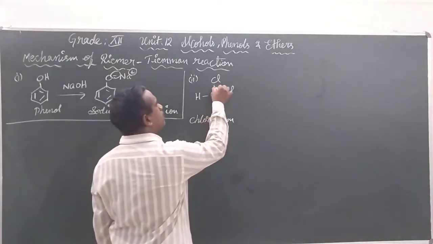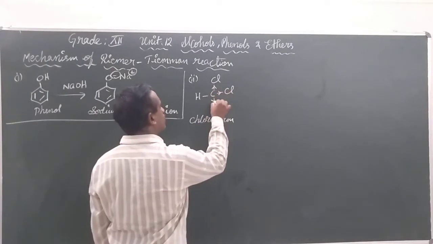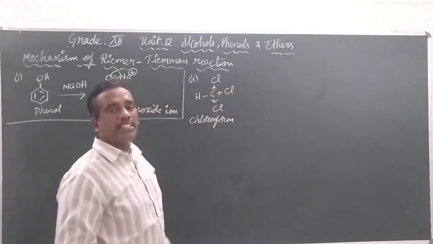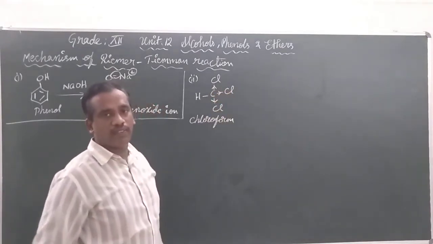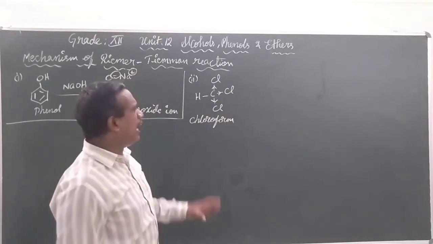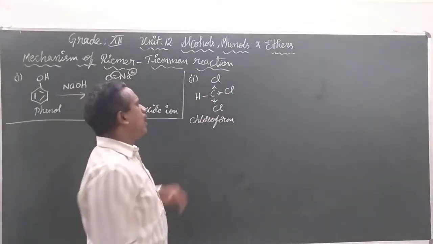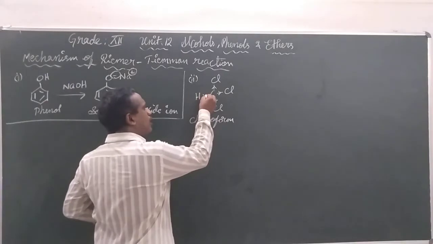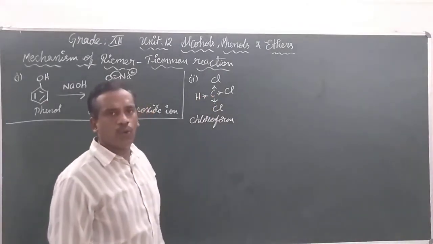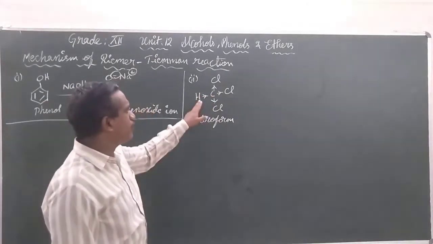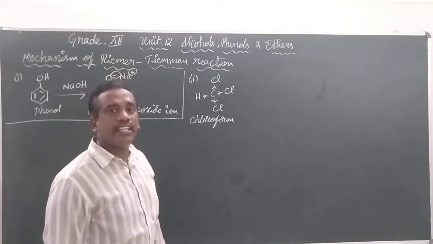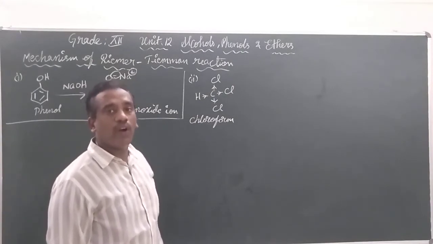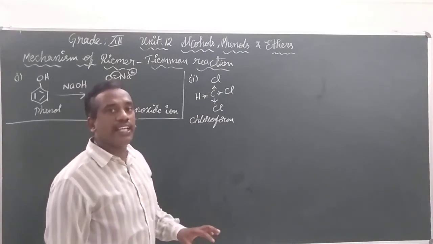These chlorine atoms are withdrawing the electrons towards them by the minus I effect. Hence, they are making the carbon withdraw the bond from the hydrogen. So this is what we call the acidic hydrogen.